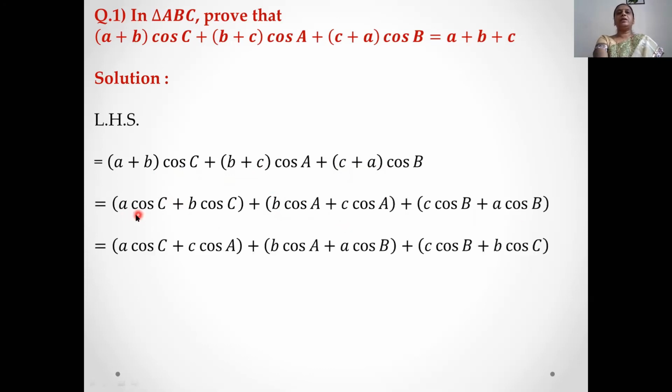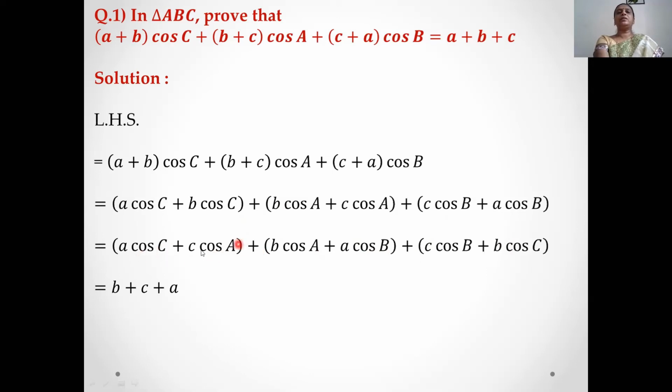Here you take a cos C and c cos A in one bracket, then b cos A and a cos B in the second bracket, and in the third bracket c cos B and b cos C. We are rearranging these terms only according to our projection rule.